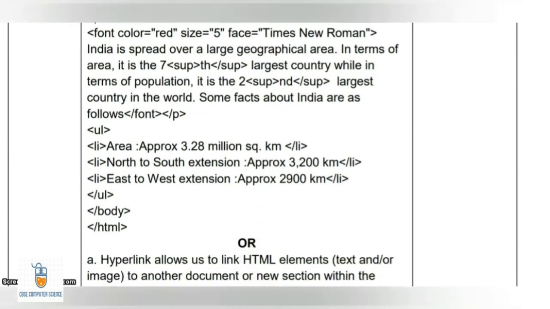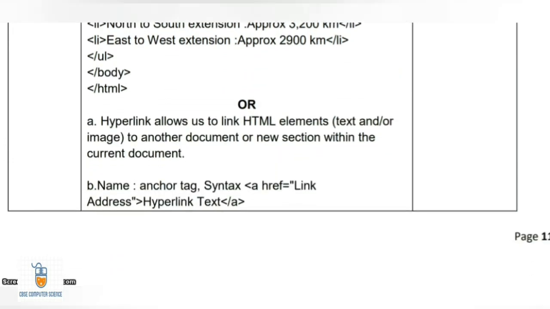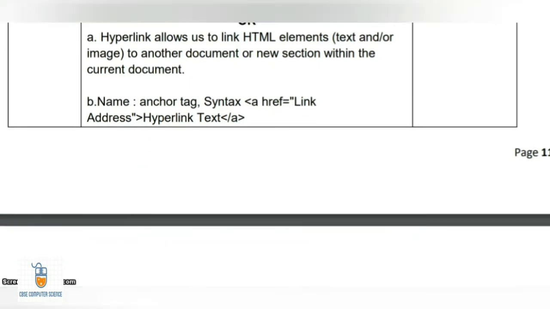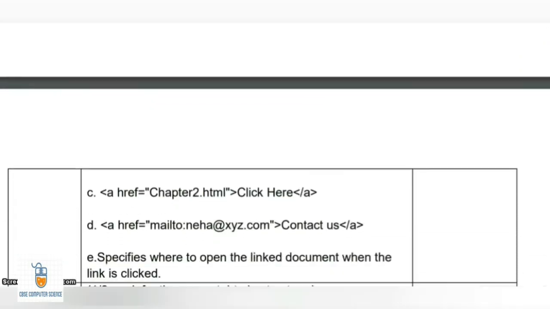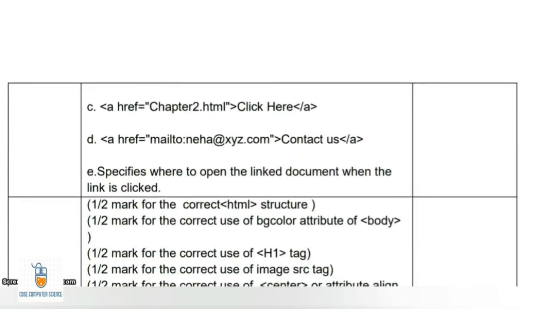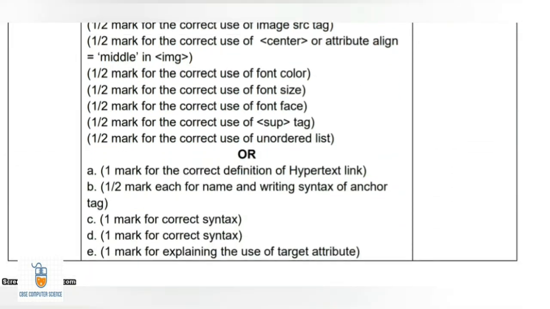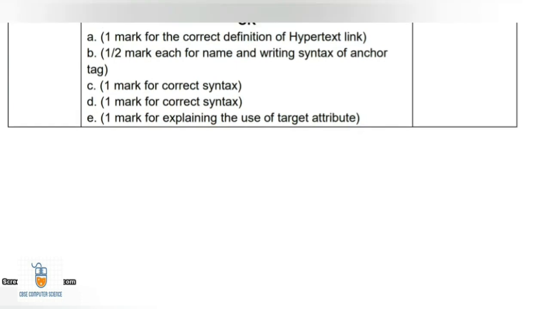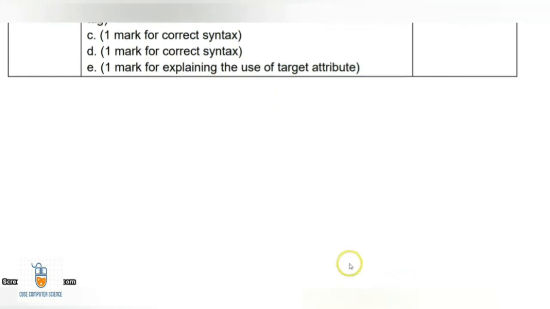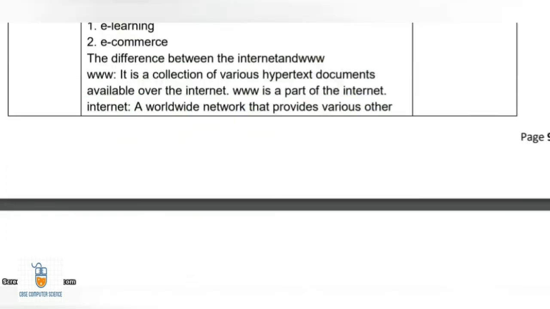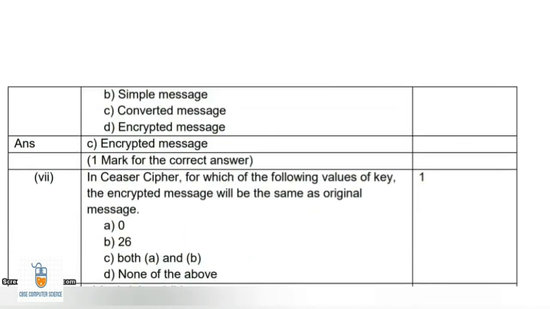Each question would carry 1 mark. Like here in this case, what is hyperlink, name the tags used to create hyperlink, etc., are the questions. So if you have learnt HTML thoroughly through your course, then you would be able to answer the last question very comfortably if you are comfortable in HTML practicals.